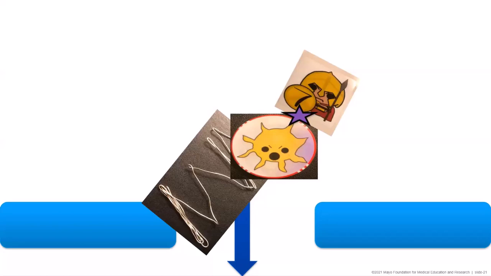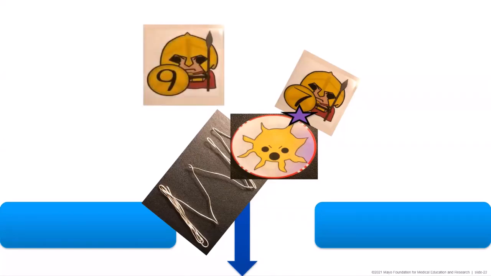Let's take this in turn. So the tenase complex is formed of factors 9, 8, and 10. And so let's take a look. What happens is 7 is going to activate factor 9. And remember, factor 9 is a vitamin K dependent gamma carboxylated coagulation factor.